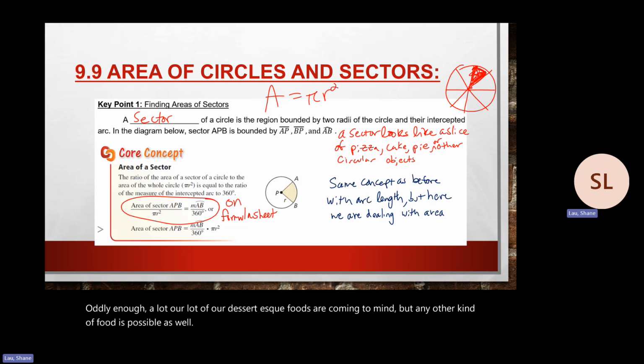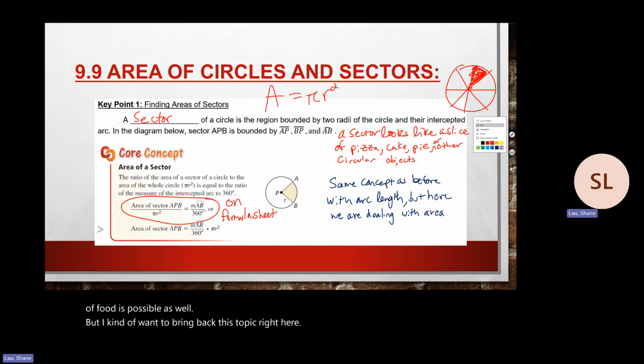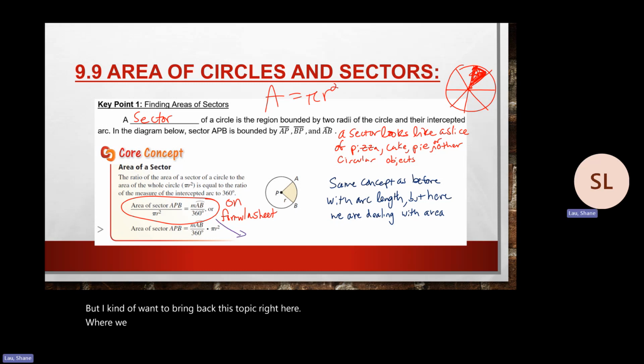But I want to bring back this formula on our formula sheet. I want us to take a reference back to 9.8, where we basically said a piece of the circumference over the whole circumference equaled a piece of the arc over the entire arc.